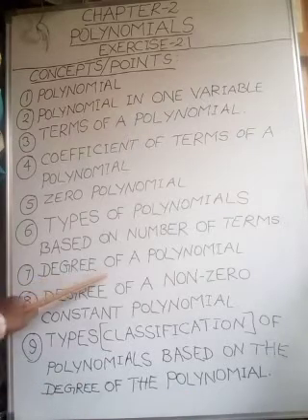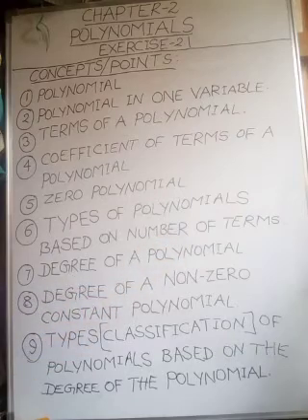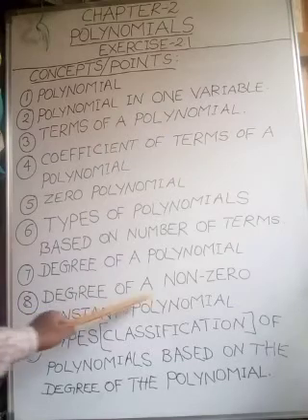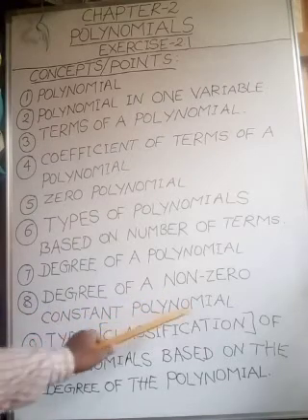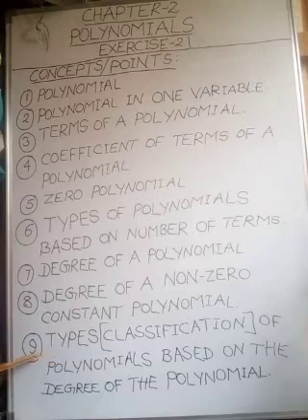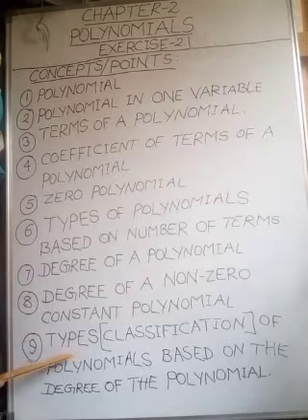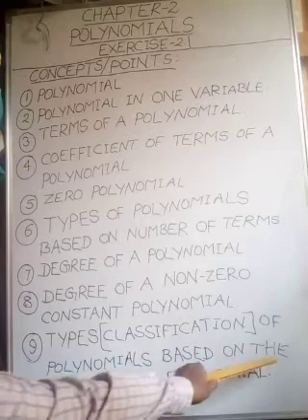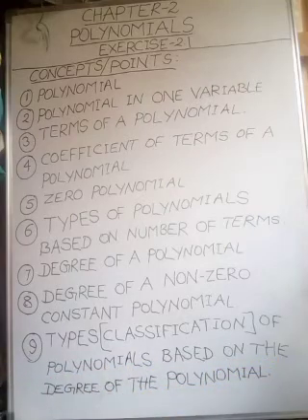Seventh point, degree of a polynomial. What is meant by degree of a polynomial? Eighth point, degree of a non-zero constant polynomial. What is the degree of a non-zero constant polynomial? And ninth point, types or classification of polynomials based on the degree of the polynomial.